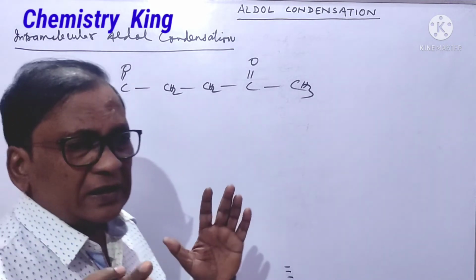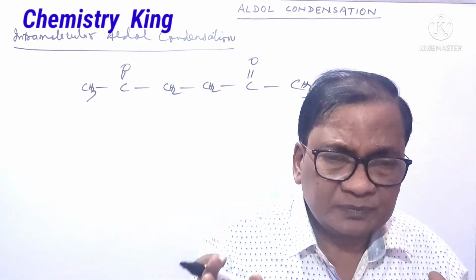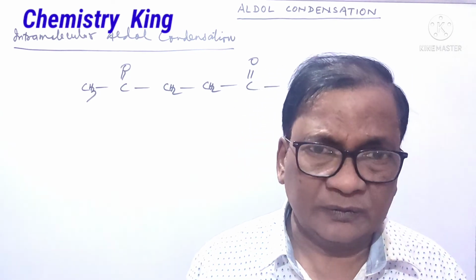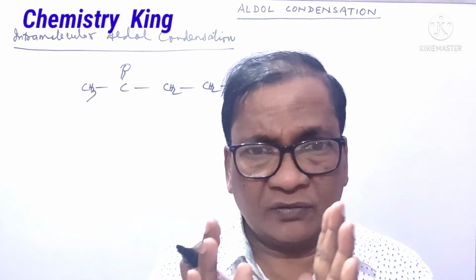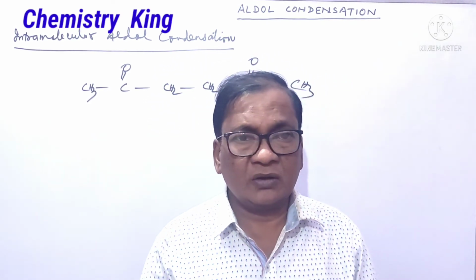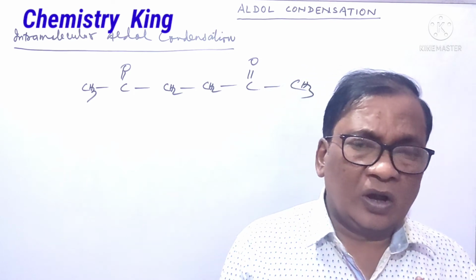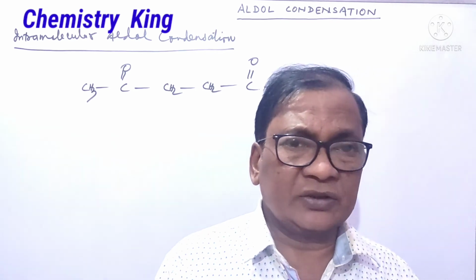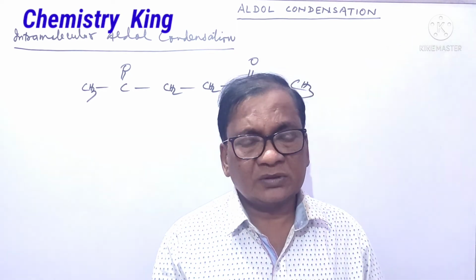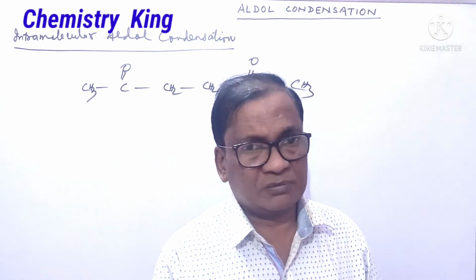Because in intramolecular aldol condensation, you should remember one thing: 5-membered and 6-membered rings are more stable. So intramolecular aldol condensation will shift in the direction that gives a 5-membered or 6-membered ring.